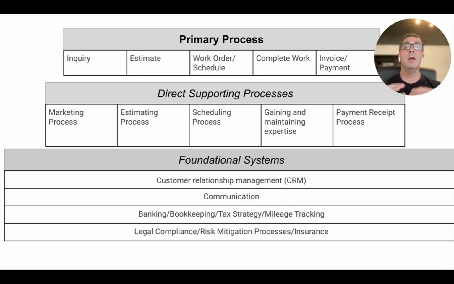The next one is tax strategy. What I want you to think about here is that throughout all of this execution of your business, from inquiry to payment to all the supporting processes, you're spending money and you're stimulating the economy.